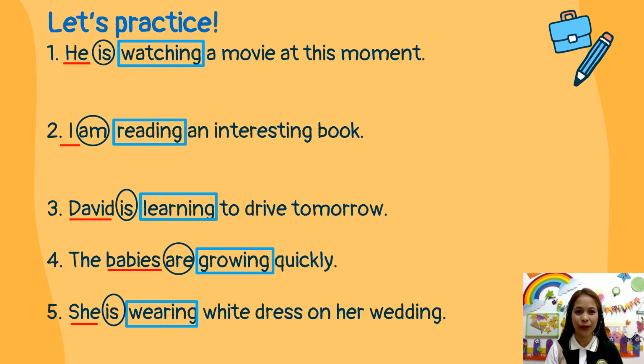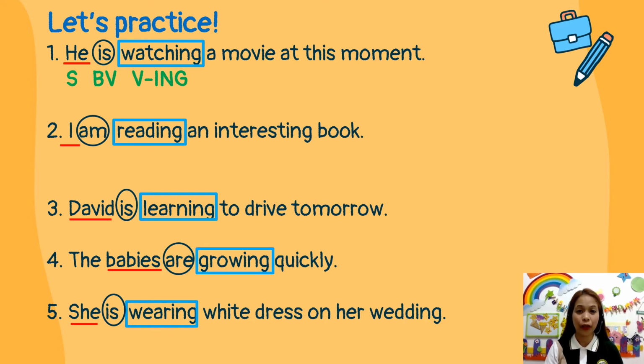Okay, so let's practice. He is watching a movie at this moment. Your subject is he, so your be verb is is, and watching is your verb ing. We use the form subject, be verb, and verb ing.